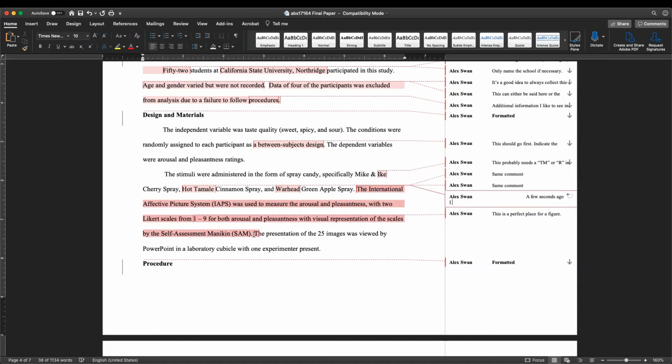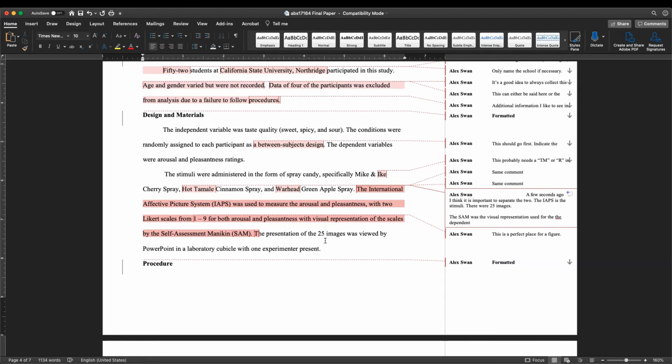So instead of just a series of taste qualities, you say, okay, this was a sweet taste quality. We used Mike and Ike cherry spray, and then there was a spicy hot, and then we used Hot Tamale cinnamon spray, which, by the way, is awful. Oh, Jesus, it's so bad. It is so bad. And then for sour taste quality, you would say Warheads green apple.